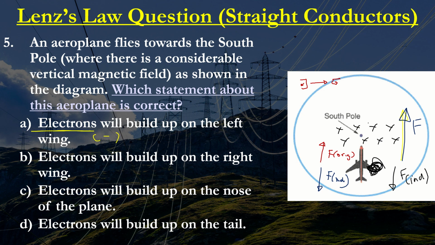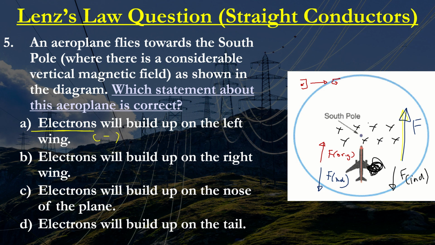If you use your left hand, which we use to describe negative charges, the original force is going up the page, so your left palm is going up the page. Your fingers are going into the page because that's the south pole. Your thumb is therefore going to the left.